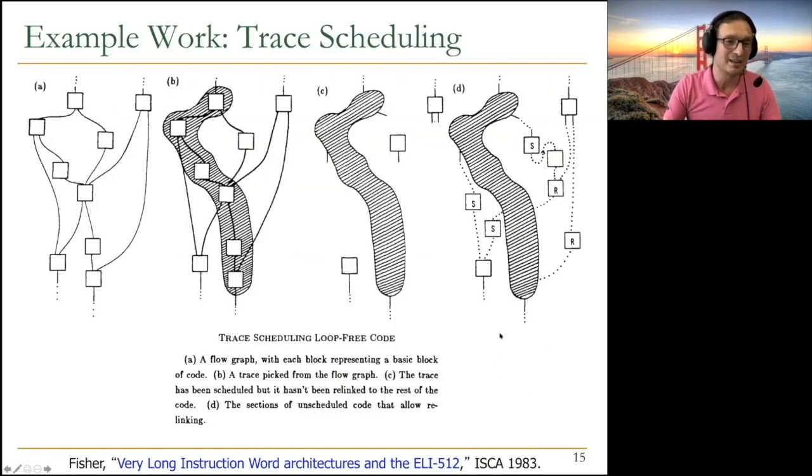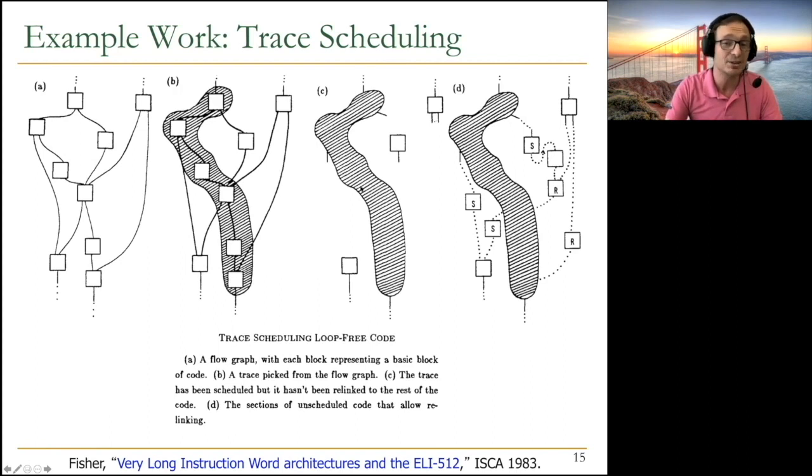So one example work I'll give you is trace scheduling. This was actually developed earlier than this VLIW paper. The idea of trace scheduling is really to find frequently executed parts of the code. So you have this complex control flow graph with instructions inside each block over here. Basically, you profile the code to figure out frequently executed blocks. That's what you do over here.